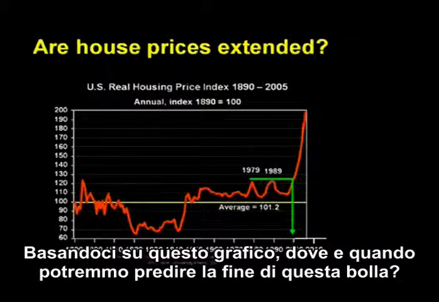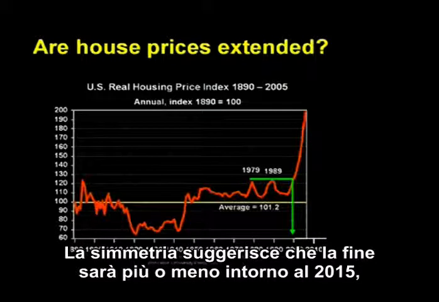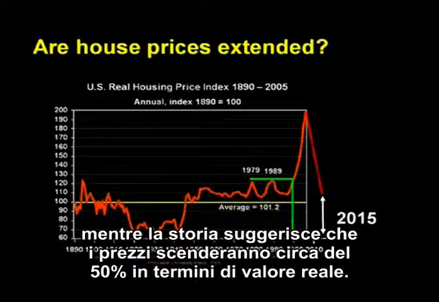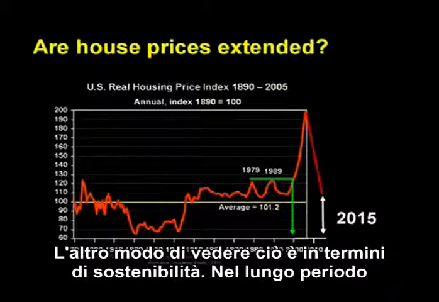Based on this chart, where and when might we predict that this bubble will finally bottom out? Well, symmetry suggests the bottom will be somewhere around 2015, while history suggests that prices will decline by roughly 50% in real terms.